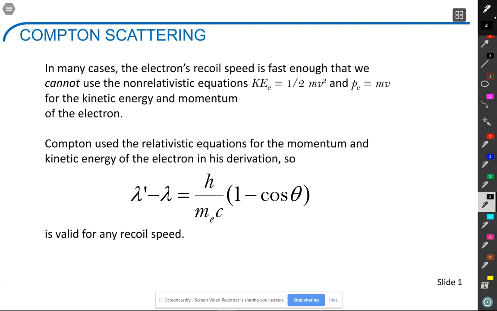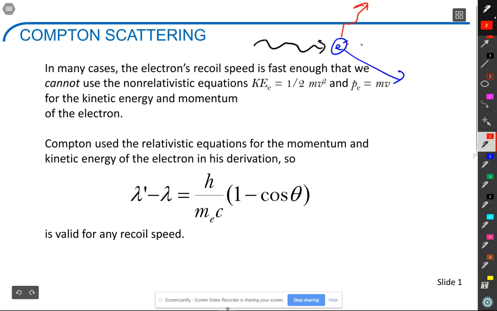With this scattering, you have a photon coming in, and it hits an electron, and then the electron scatters. That means it goes off in some direction, and the light scatters in another direction. And the angle that the light scatters is the scattering angle.